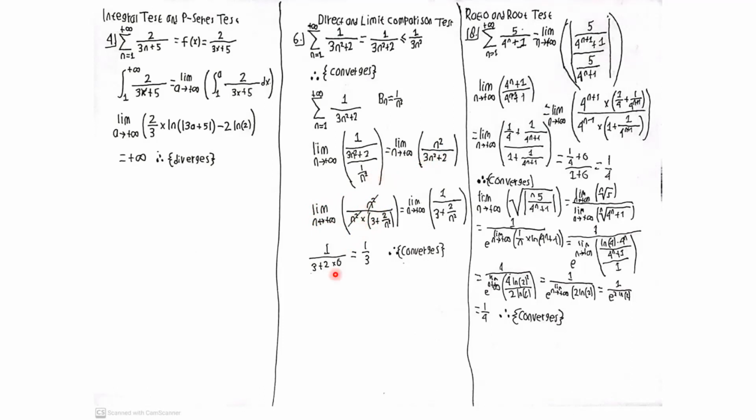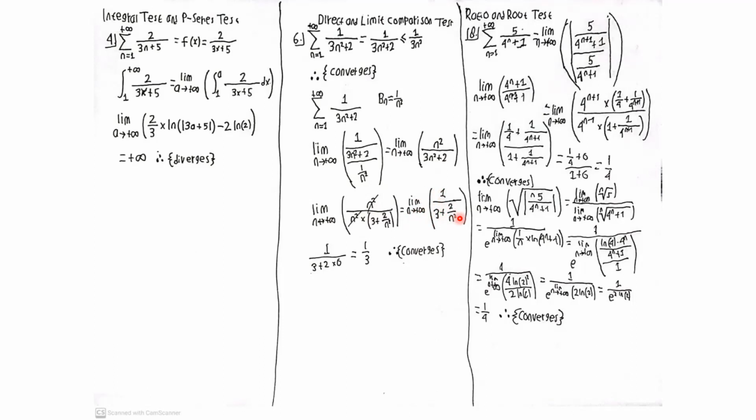So we need to cancel the n squared in the numerator and denominator. So we have the equation limit n to infinity of 1 over 3 plus 2 over n squared.